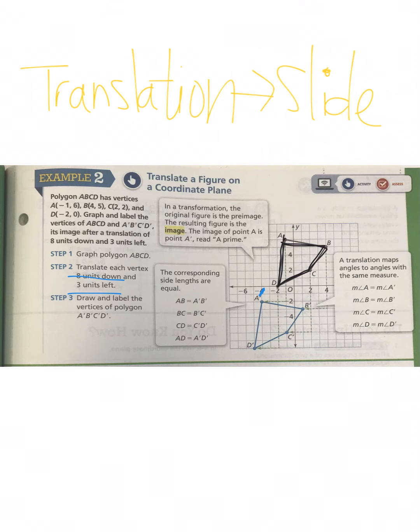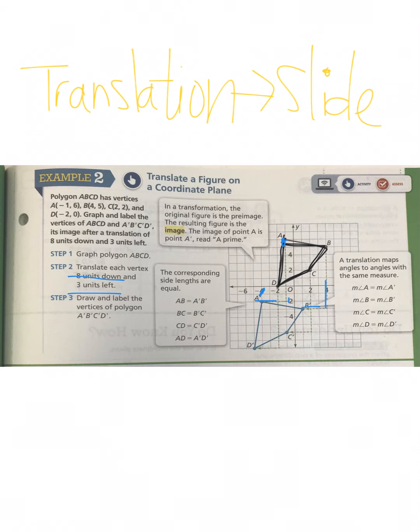So if I start on my letter A up here, my pre-image, if we go 8 down and 3 left, that's how we got our A prime. And for B, we went 8 down and 3 left, and that's how we got B prime, our current image. And C, we go 8 down and 3 left, and that's how we got C prime.